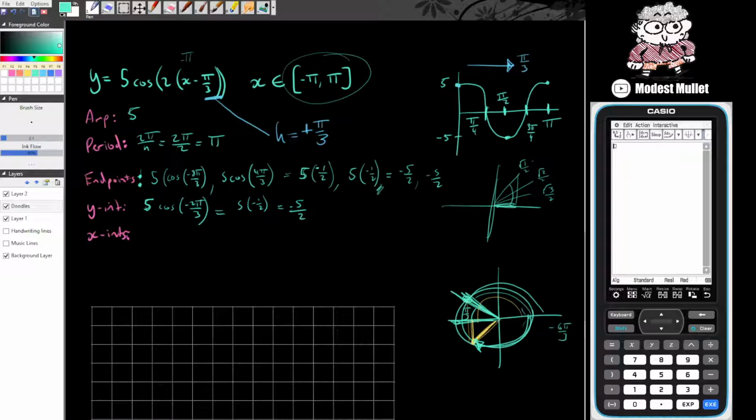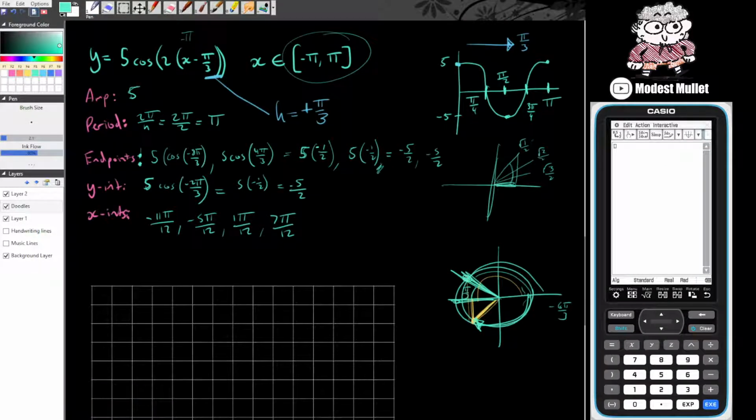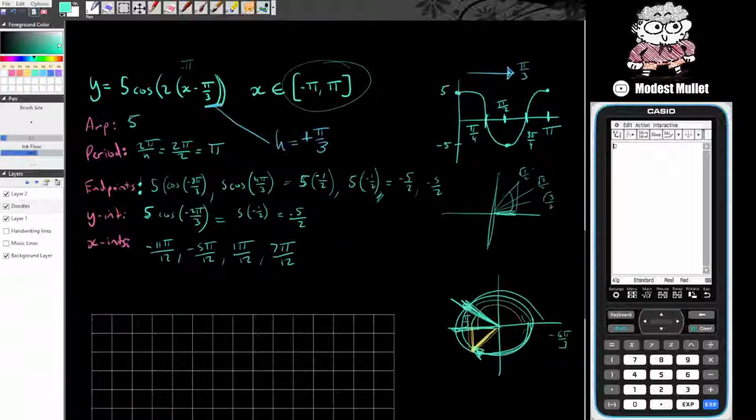Okay, and x-intercepts, let me go grab them from the previous video. They were, oh geez, negative 11 pi on 12, negative 5 pi on 12, pi on 12, 7 pi on 12. Okie dokie.